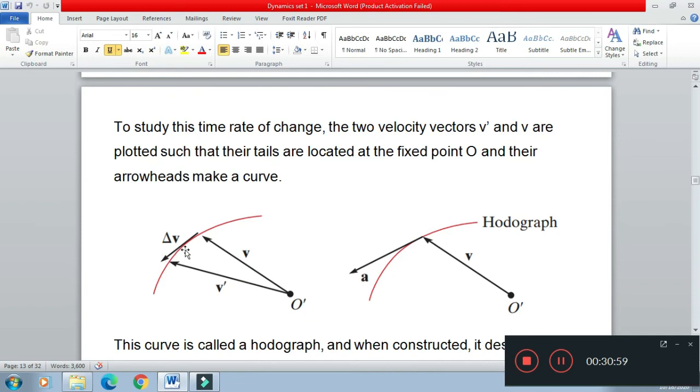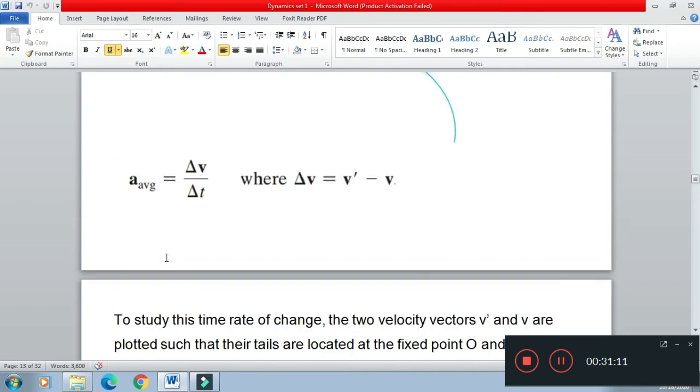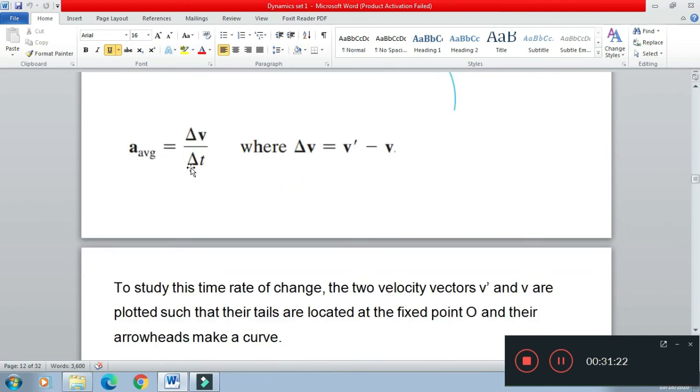So using vector addition, v plus delta v is equal to v dash. The direction of delta v and acceleration will be the same, because acceleration is determined from velocity difference. So the direction of acceleration is the same as the direction of delta v.